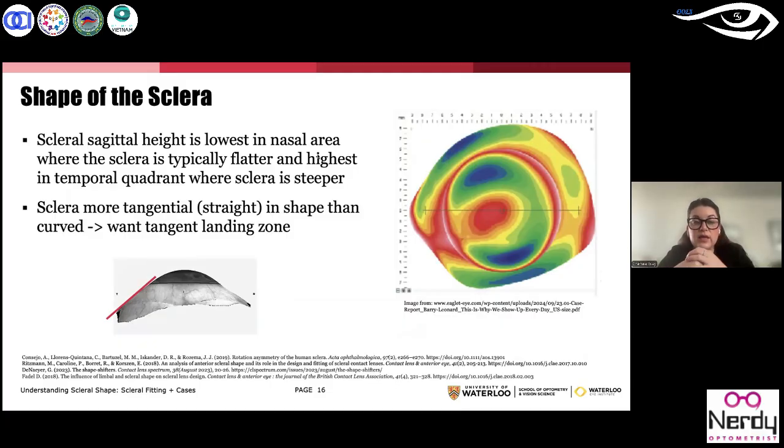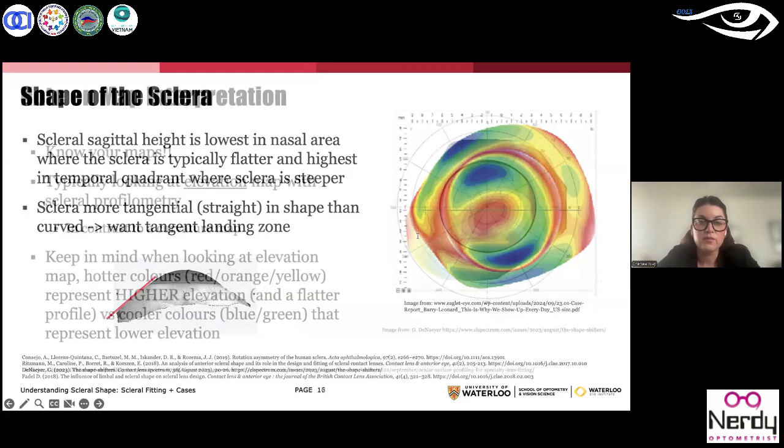But if you're thinking in sagittal height, sagittal depth, the sagittal height on the nasal side is lower than the sagittal height on the temporal side. And we know now that the sclera is more tangential in shape than curved. So we want a tangent landing zone that really aligns nicely with that sclera.